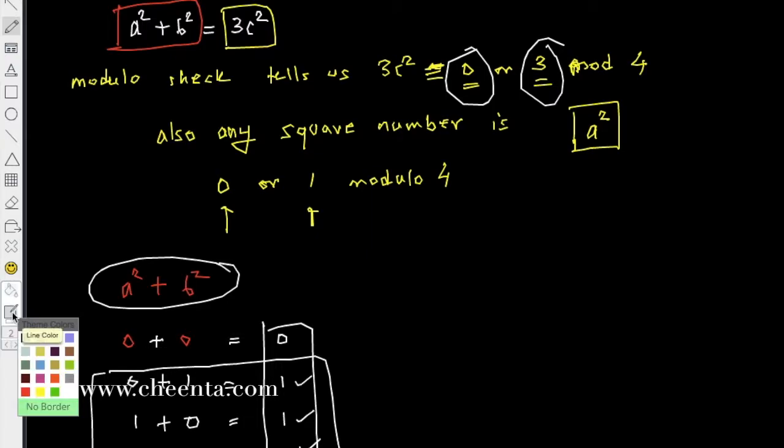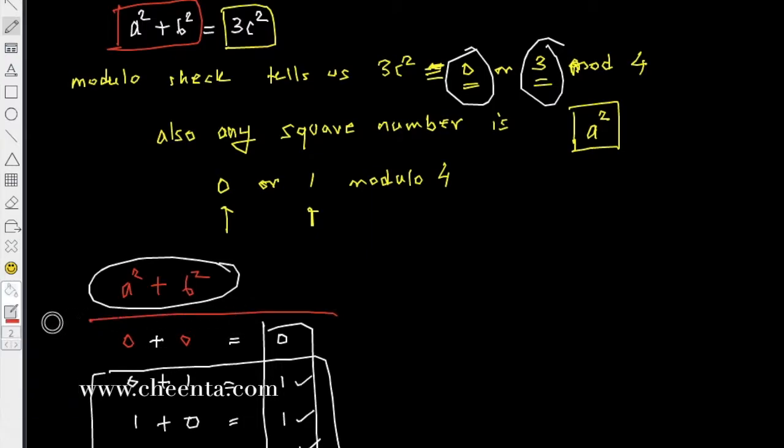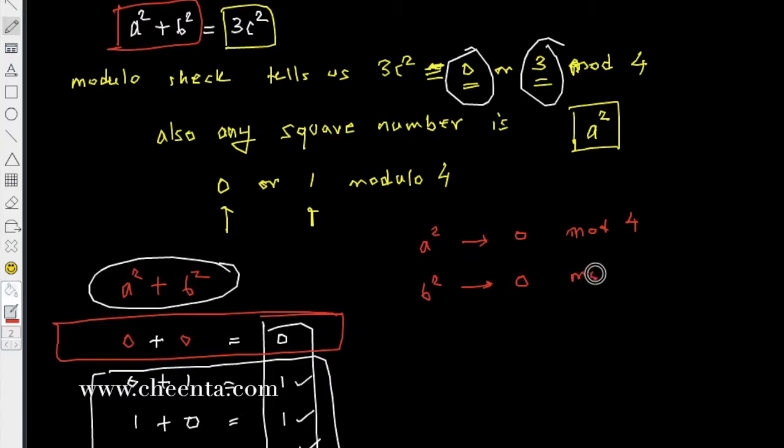So let's highlight that. This is the only case that can happen. So a squared gives 0 as remainder modulo 4. b squared gives 0 as remainder modulo 4. And c squared gives 0 as remainder modulo 4. So that's the only situation where both sides of this equation match up modulo 4.